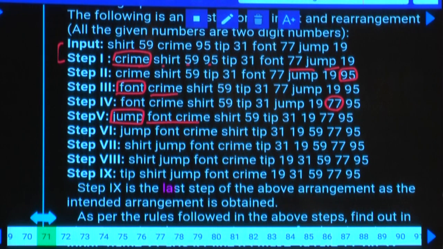Then in the next step, the previous number to 77 is 59, arranged previous to this 77 and so on. And in the odd number steps only the words were arranged and in the even number steps only the numbers were arranged, isn't it?